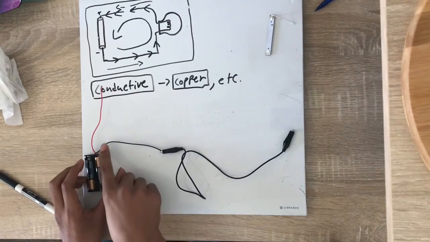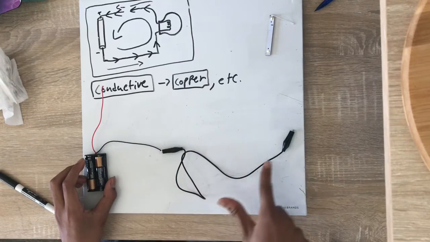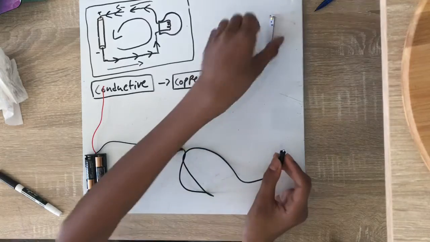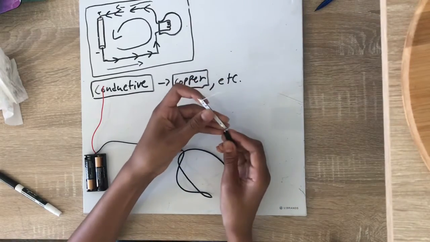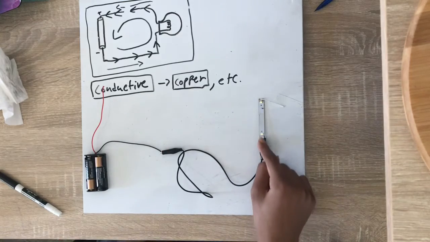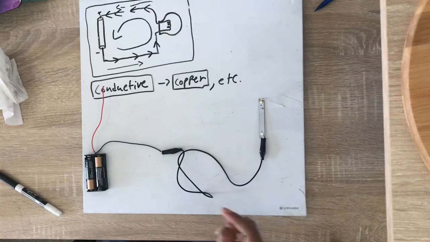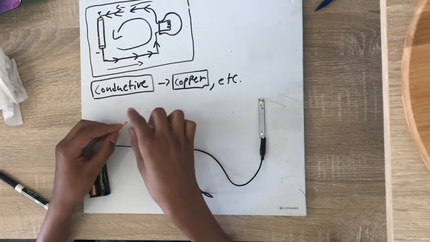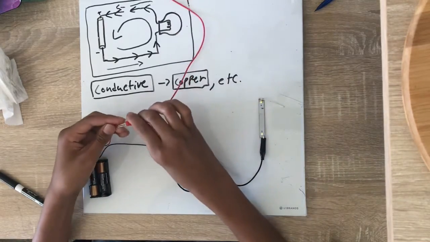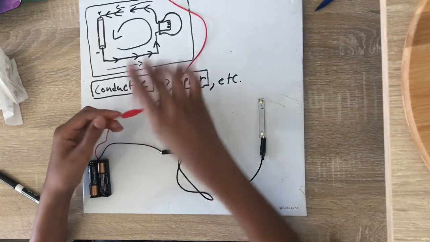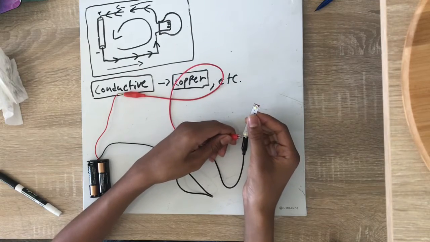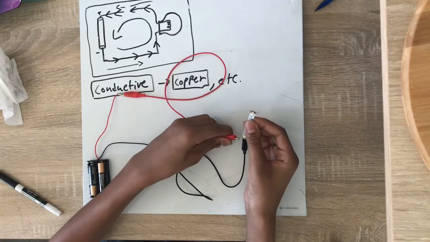You can see the electricity is flowing through this wire out to this end. So right now the electricity is here. Let's connect it to the negative end of our LED. Now the electricity is flowing through, but it is not connected back to the battery source, so it cannot light up. So let's connect it to the battery source just like that. We connect it onto the positive side of the circuit.